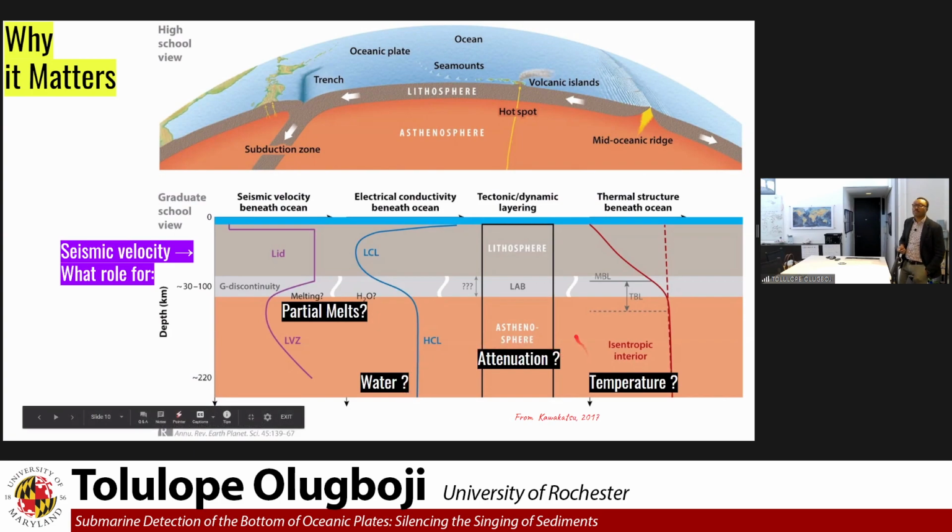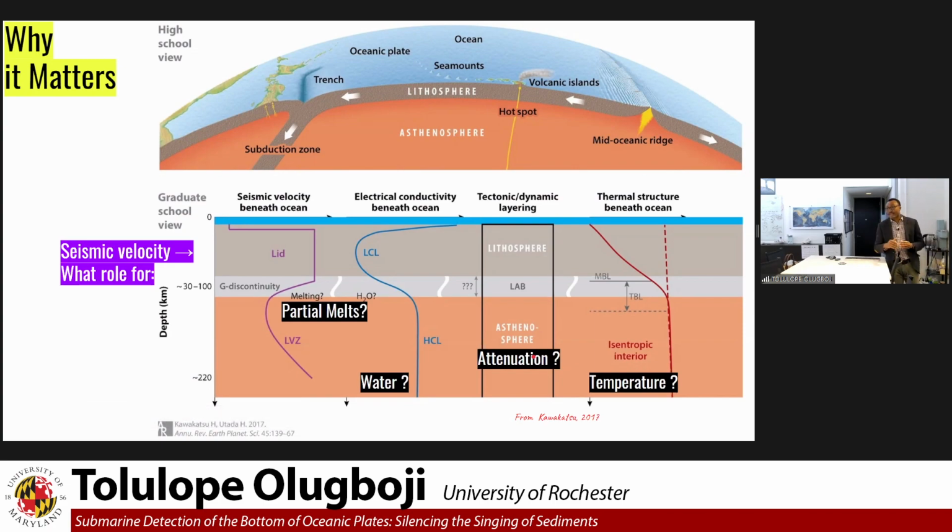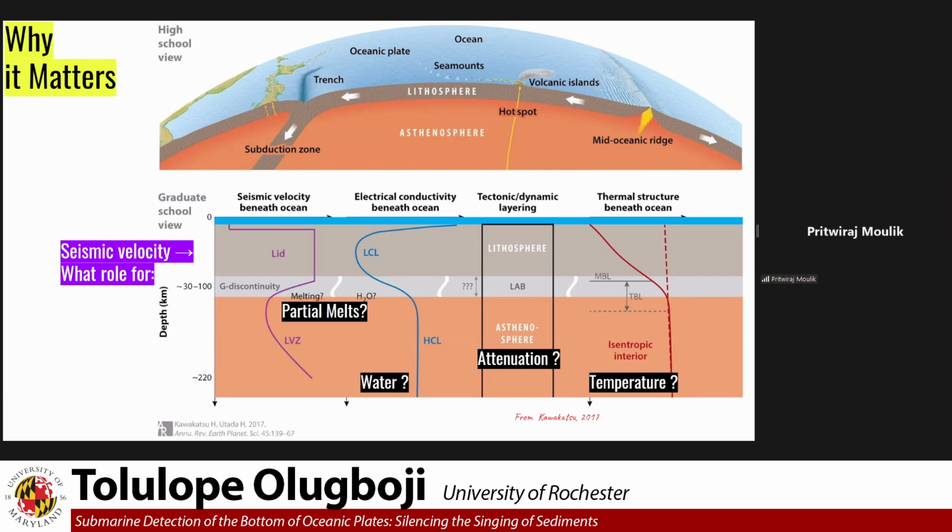But in our view, when I say our, my collaborators and I, we think just temperature and attenuation explains this rapid change in velocity without having to modify our understanding of how thermal gradients vary in the plates. So that's the setup. Go ahead.